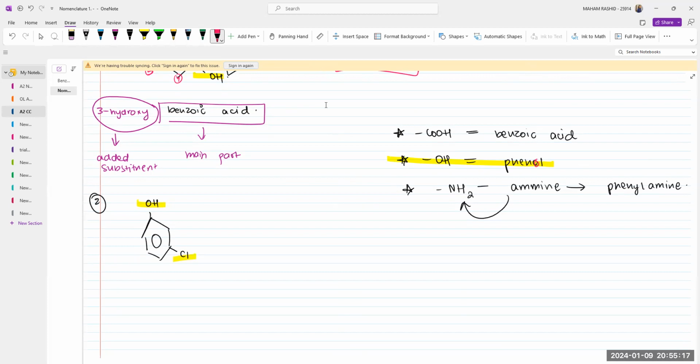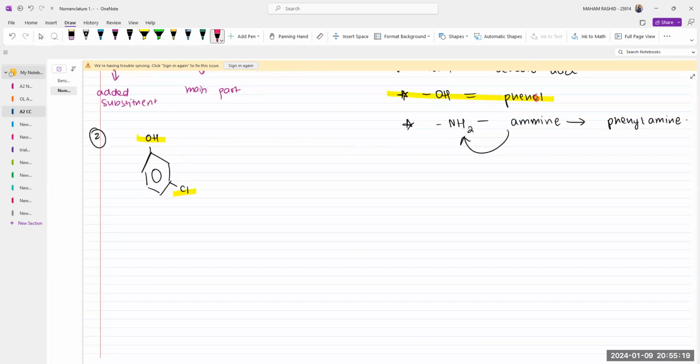So how will we name it? 1, 2, 3. Now the root name is phenol, and I have a substituent attached to it, and this substituent is on the third position, right? So this will be 3. Complete the name. 3-chlorophenol, right? Perfect. Yes, 3-chlorophenol.